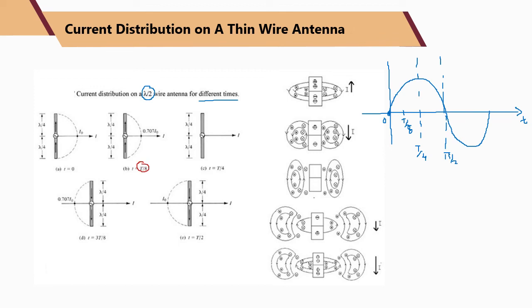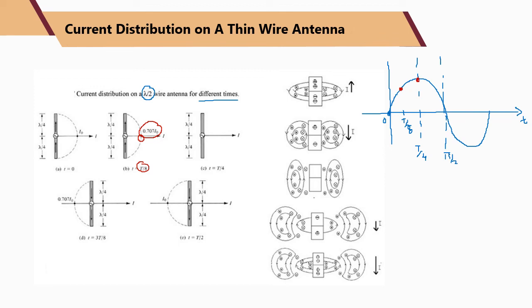At T over 8, when the cycle is somewhere here, you can see there's still radiation, but it is not maximum yet. It is just 0.7 of the maximum current. At T over 4, what happened?